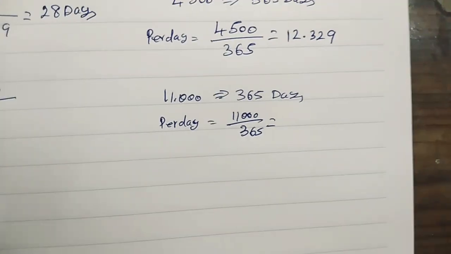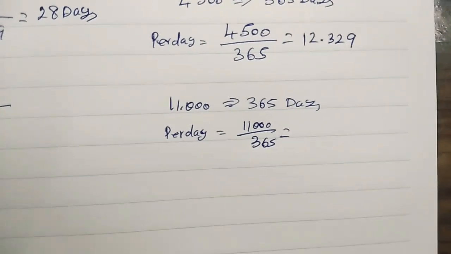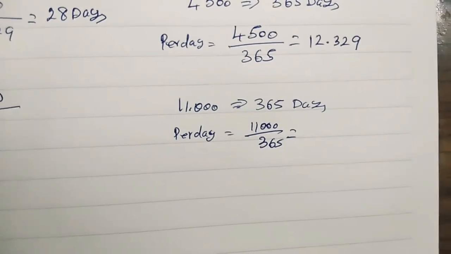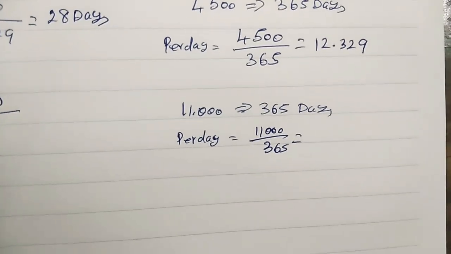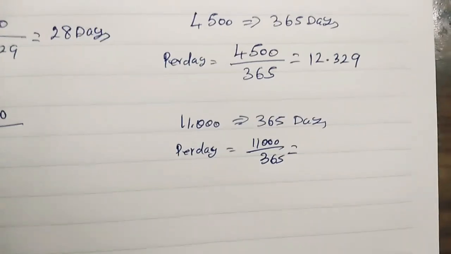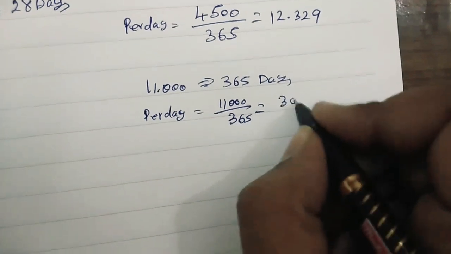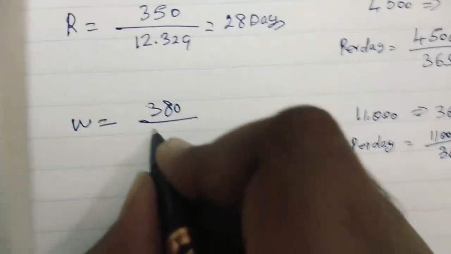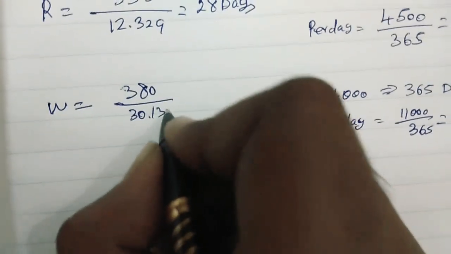Do the calculation. 11,000 divided by 365. The answer is 30.137. Cost of production per day is 30.137.